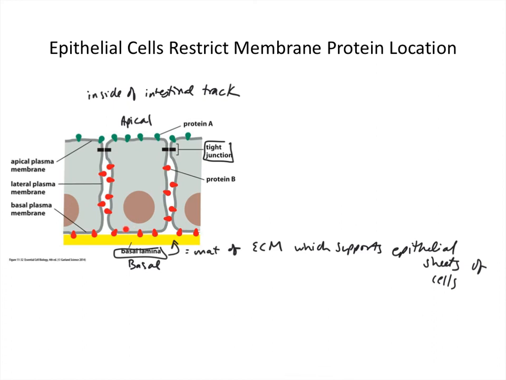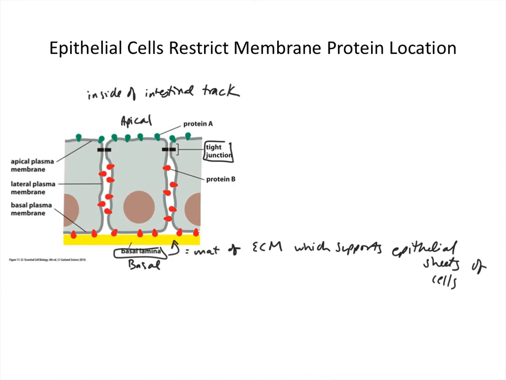So here the basal cell surfaces are down here at the base of the cell by the basal lamina, and then the lateral plasma membrane is along this way, and so this is in a perpendicular fashion to the other plasma membrane region, so the apical plasma membrane and the basal plasma membrane. And basically, as you can see, the tight junctions are going to restrict which proteins can diffuse into these different domains of the membrane.